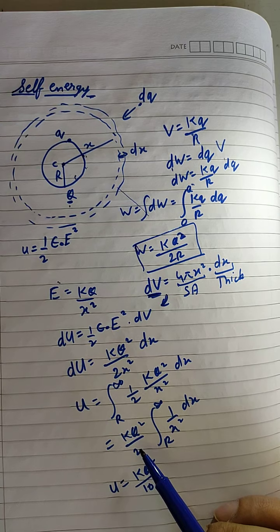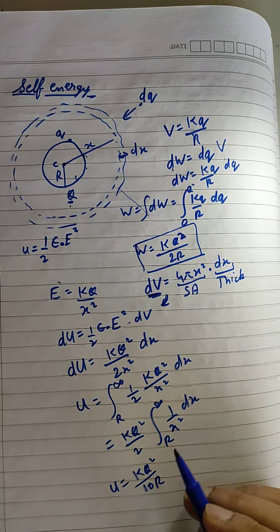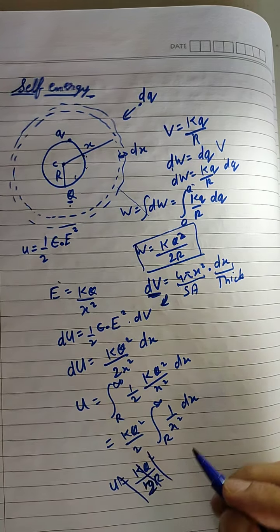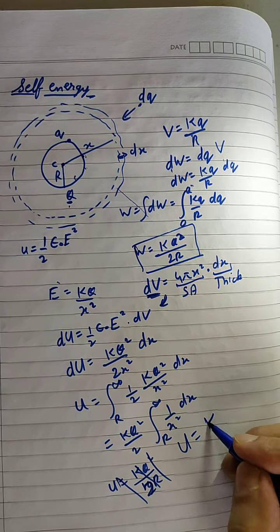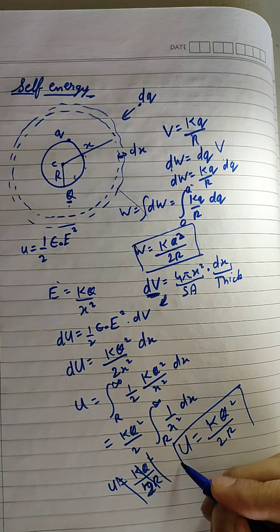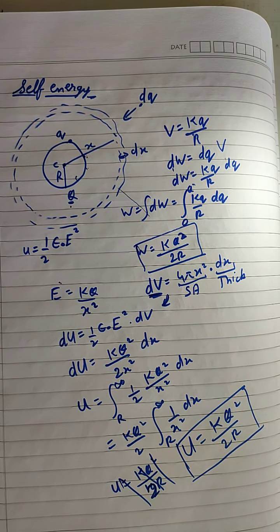Now if we integrate this, we'll take the constants outside and integrate, and we get U equal to kQ square upon 2r. Now this energy does not have any source outside the body, it is the energy of the body itself.